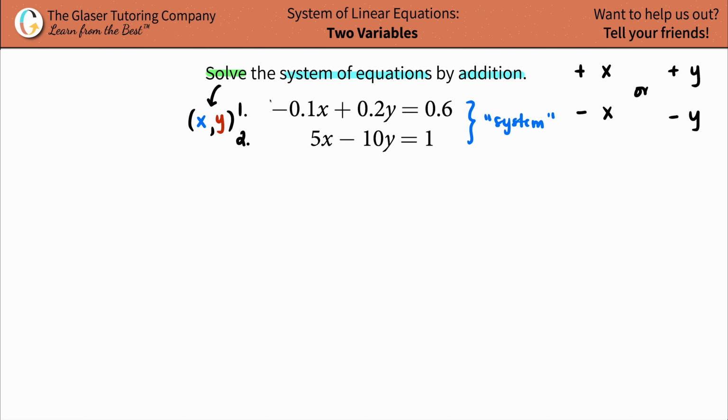So maybe what I'll do is I'll times this equation by 5, because that's the coefficient for the bottom, and I'll take equation 2 and times it by 0.1. Now, with the addition method, you do not multiply by negative, because you want to keep the negative for one and positive for the other.